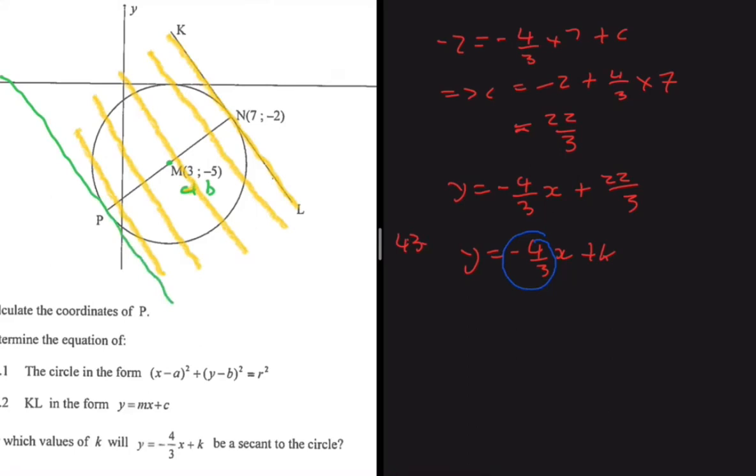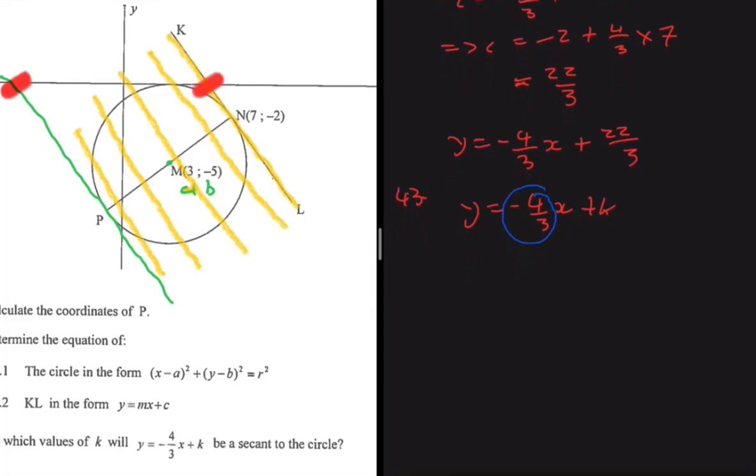So as long as the y-intercept is between the y-intercept of KL and the y-intercept when it touches the circle at P, then for those values of k, because k is the y-intercept, right, x is 0, that equation will be a secant, right?